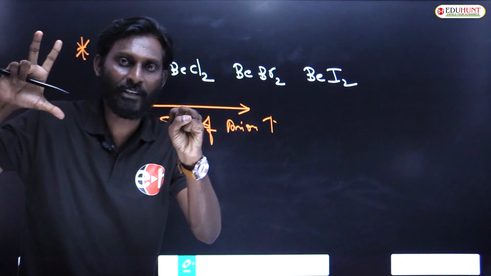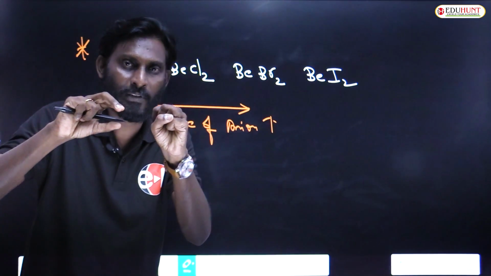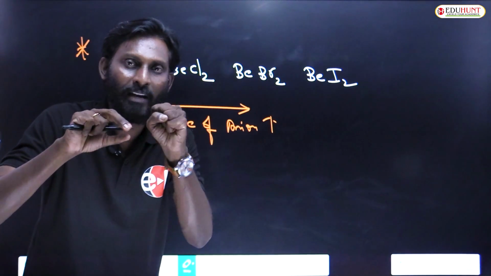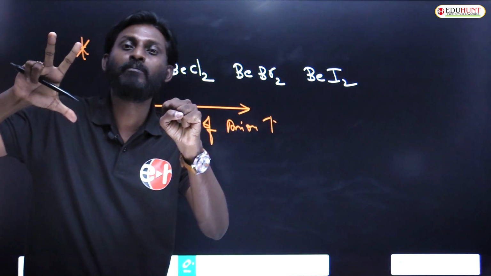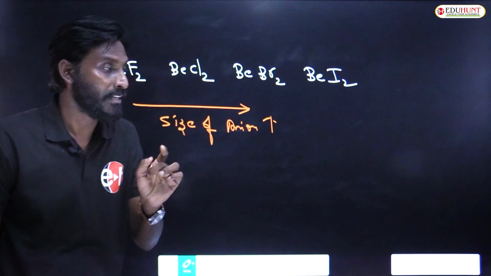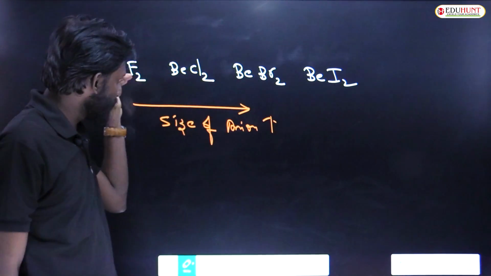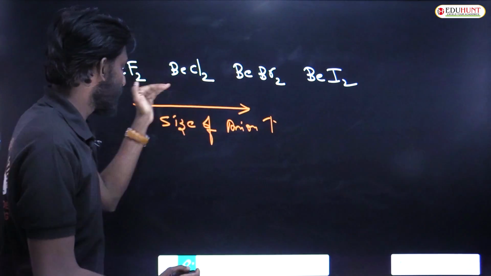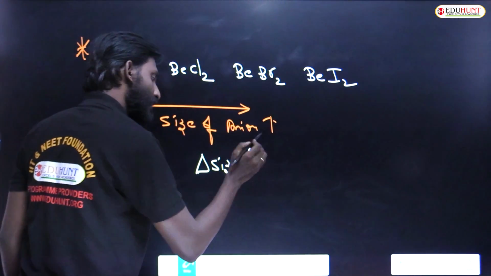If a small cation is paired with a small anion, the size difference will be less. If a small cation is paired with a large anion, the difference in size will be more. So beryllium is a small cation, and in this direction a small cation is paired with a larger anion as you move. That means in this direction, the difference in the size increases.